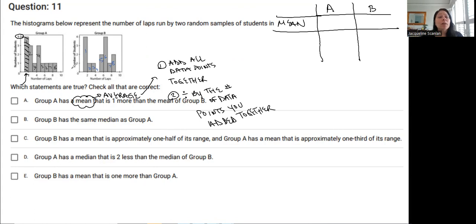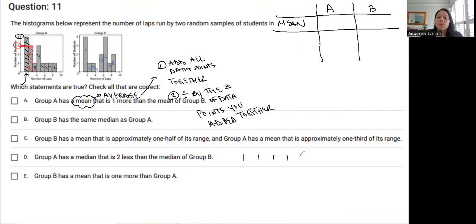So when I start to put my data set together, I have to list the number 1 4 times because 4 kids swam 1 lap. Right? Then I'm going to look at this column right here, which represents swimming 2 laps. And I'm going to figure out that 3 kids did 2 laps.